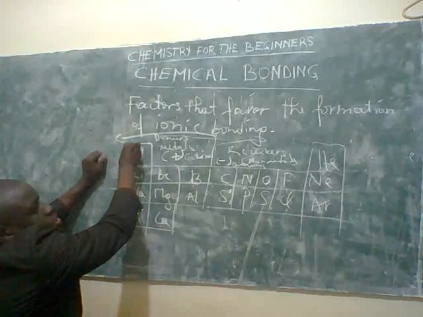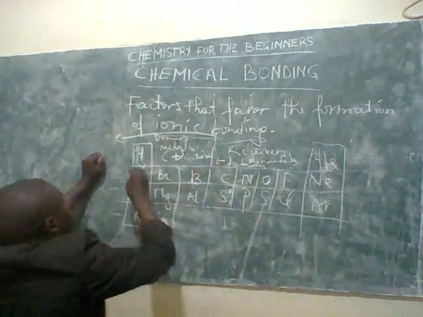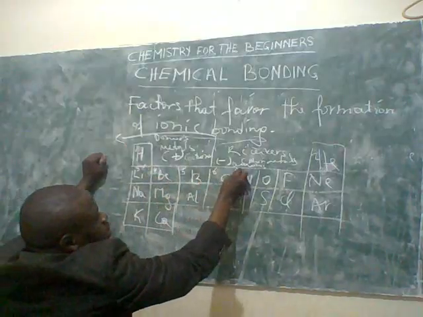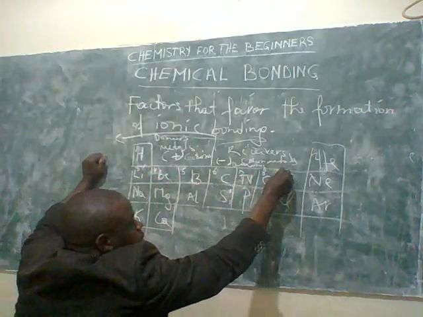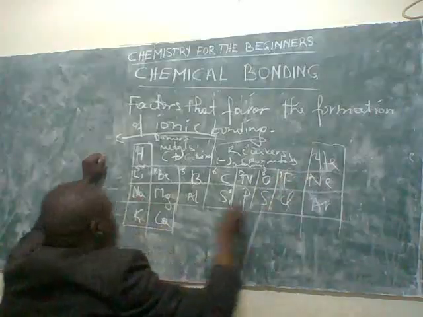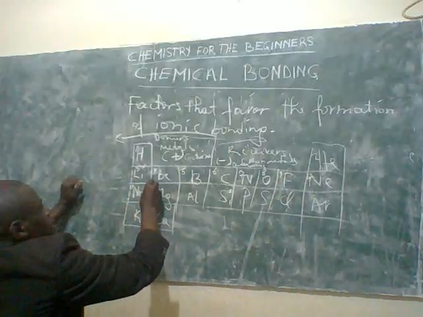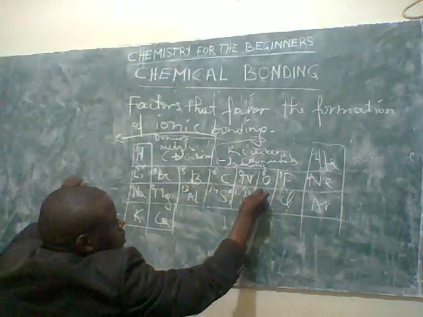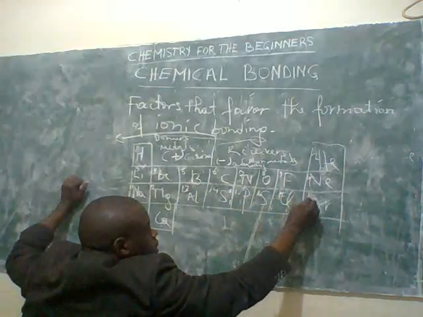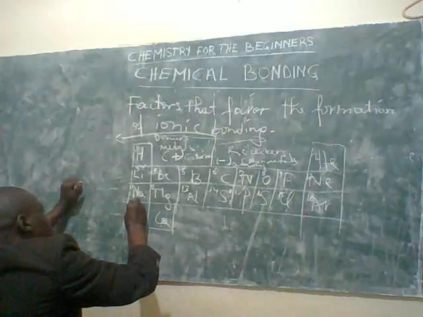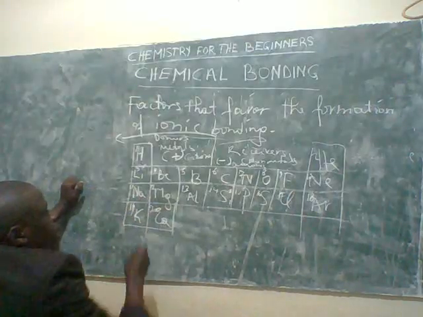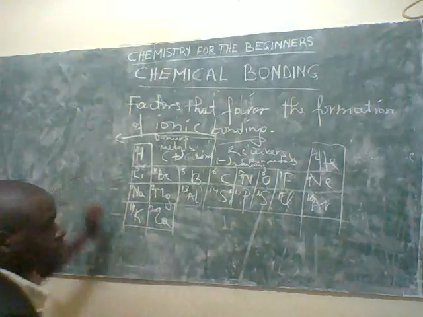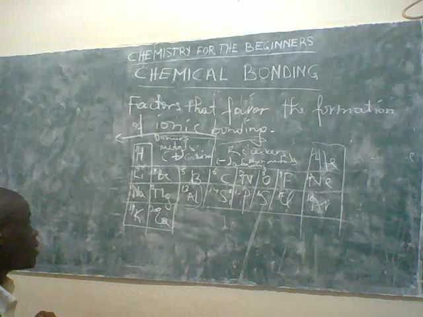The numbers go 1, 2, 3, up to 20. So for aluminium, it is 13. I am going to give you an example.